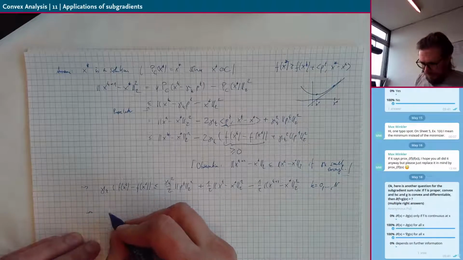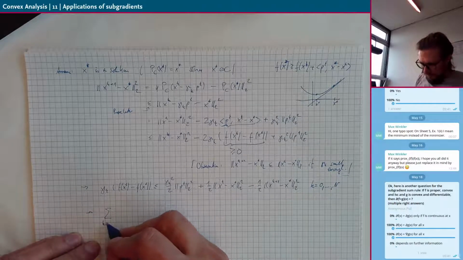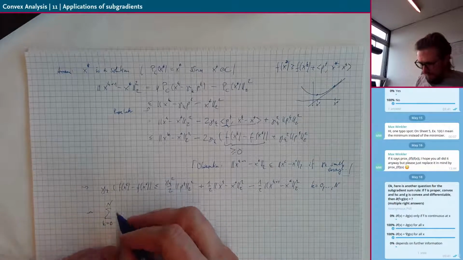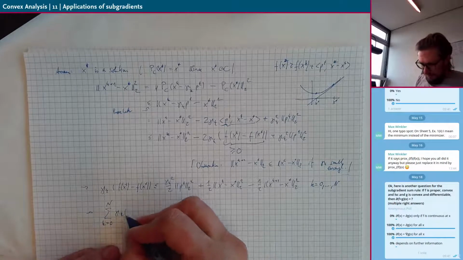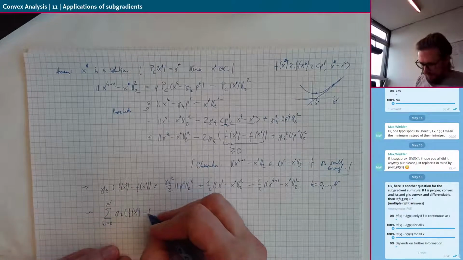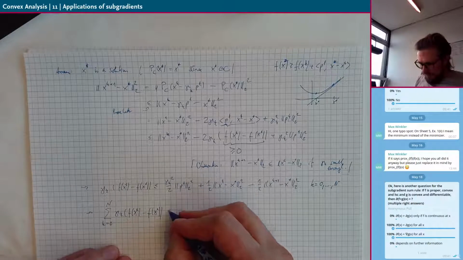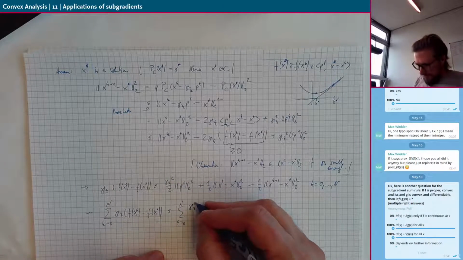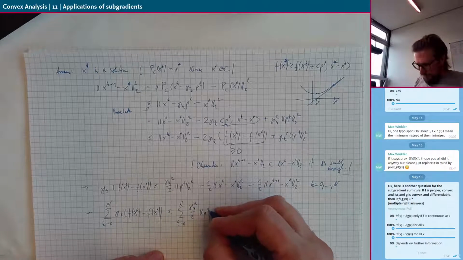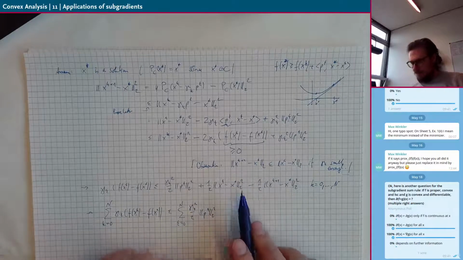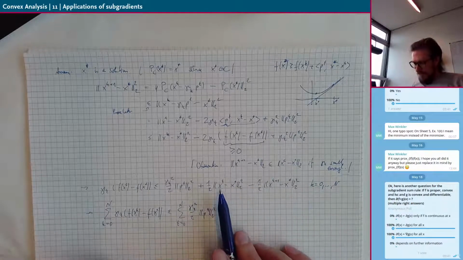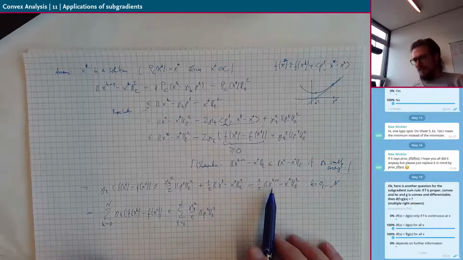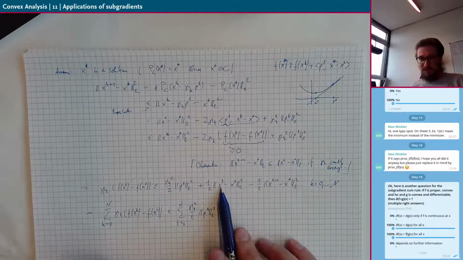So what we get here is the sum for k from 0 to N of γ_k (f(x_k) − f(x*)) is smaller or equal to the sum from k = 0 to N of γ_k² over 2 times the norm of the subgradient squared. And what happens here? We start with k equals 0: this is ‖x_0 − x*‖² minus ‖x_1 − x*‖², plus ‖x_1 − x*‖² minus ‖x_2 − x*‖², and so on.